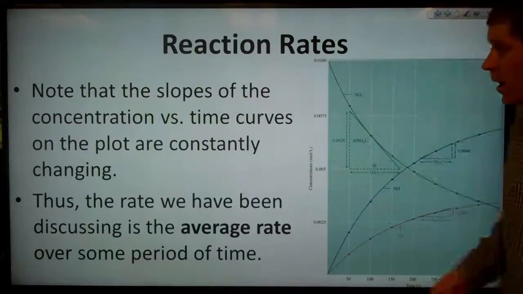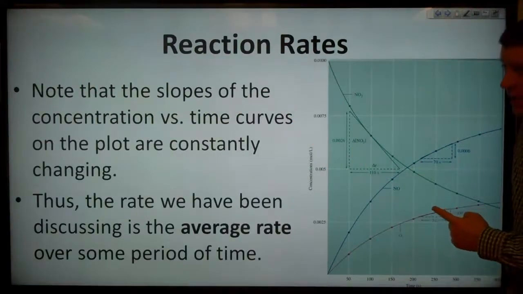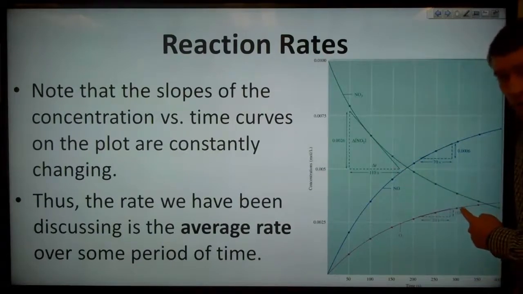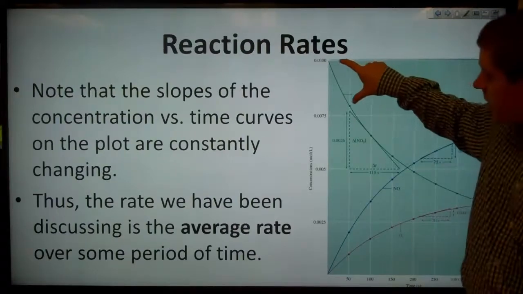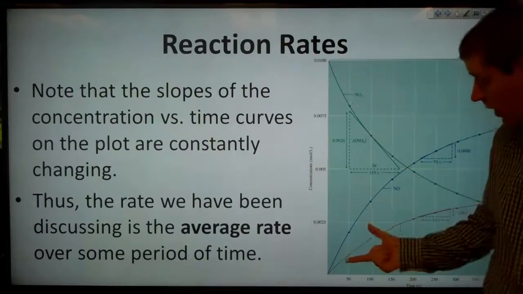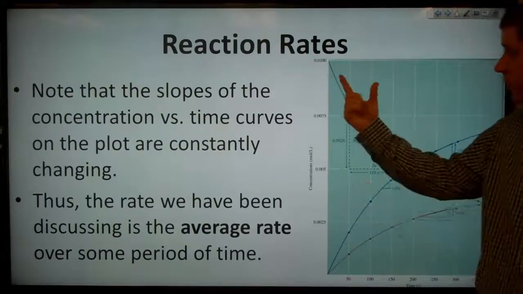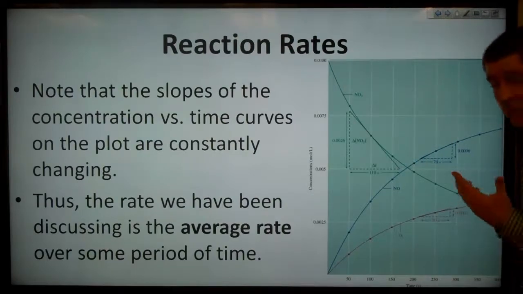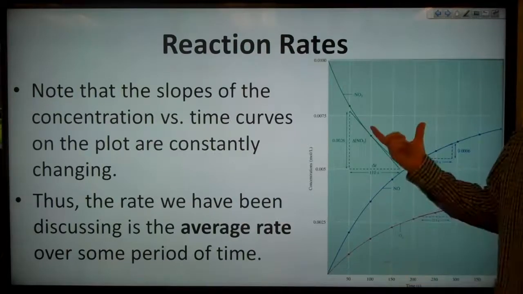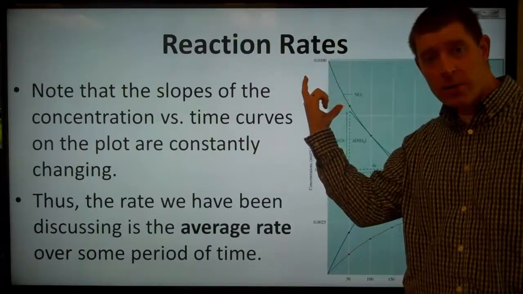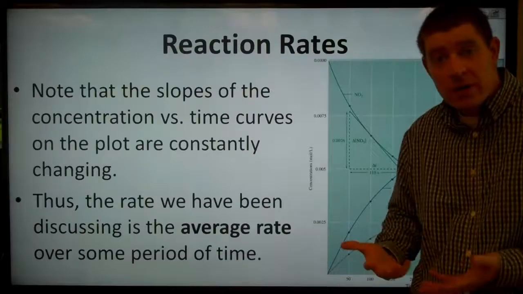Now note that the slopes of the concentration versus time curves on this graph are constantly changing, because initially we have a very steep slope, a high negative slope in this case, or a high positive slope in this case, and later on the slope becomes less and less. We expect this because, at least initially, we have a lot of NO2 around, so we expect our rate to be fairly high.